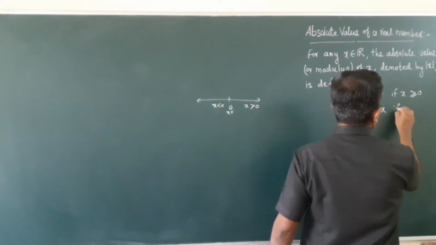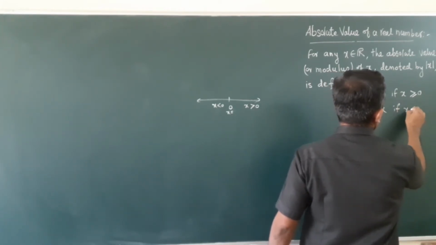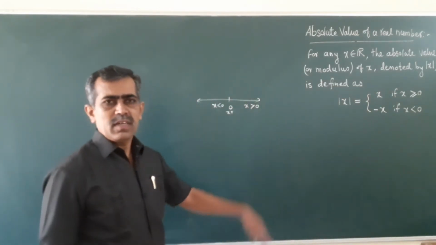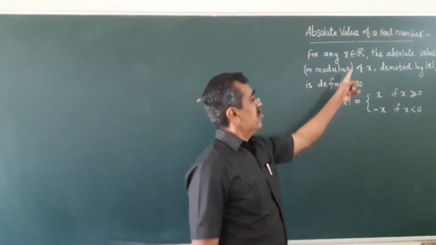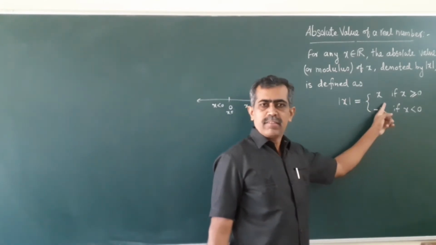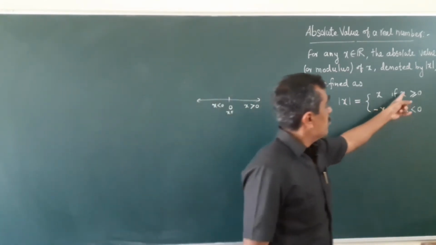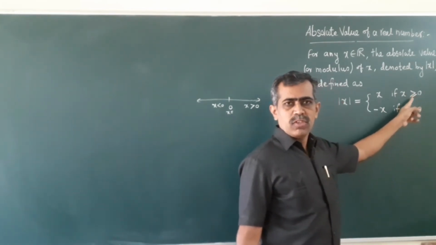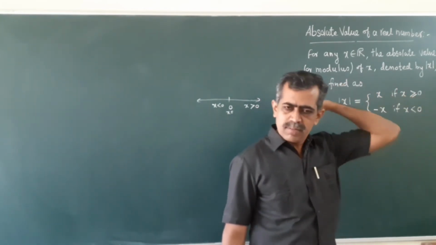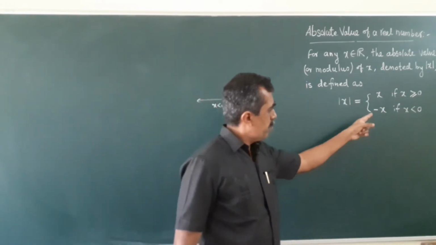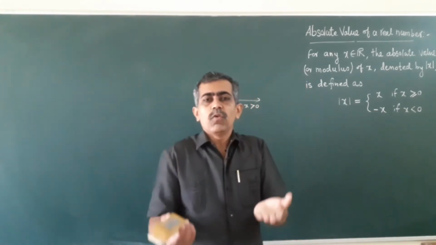So, if x is less than 0. So, modulus of any real number x is defined as mod of x is x itself whenever x is non-negative. x is non-negative means it is either positive or 0, then mod of x is x, and if x is negative, modulus of x is negative of x.